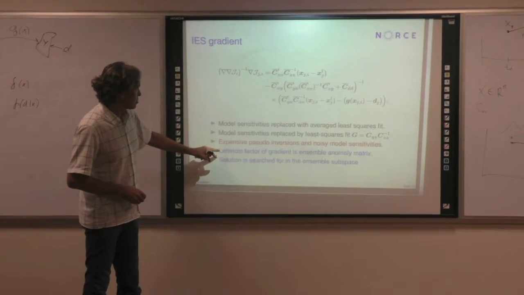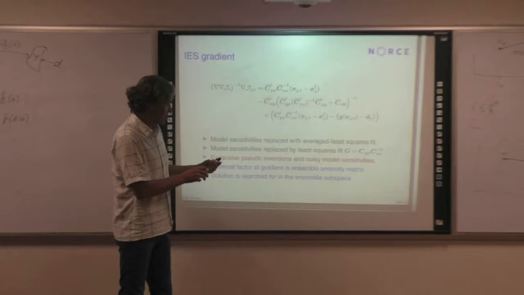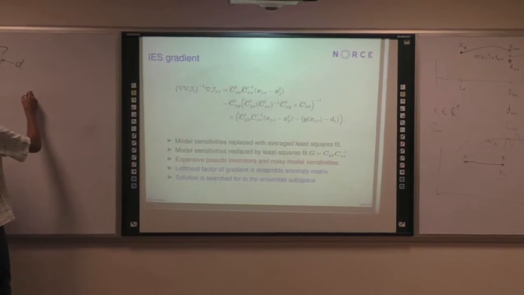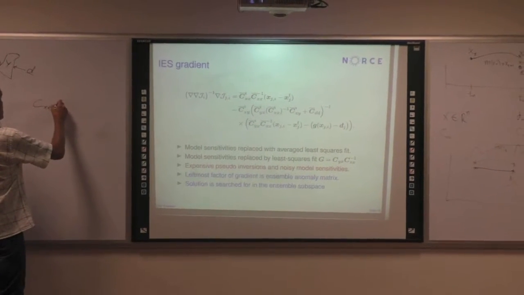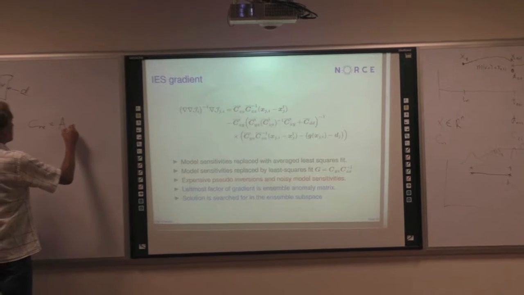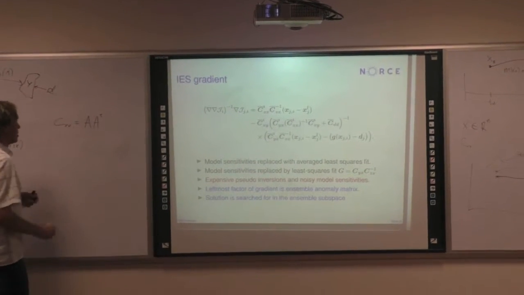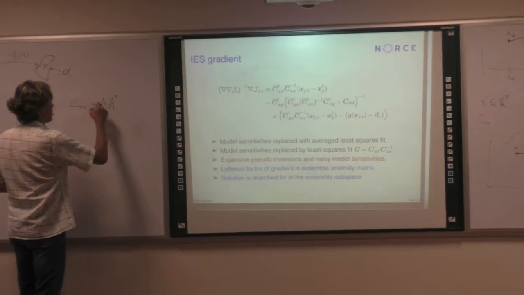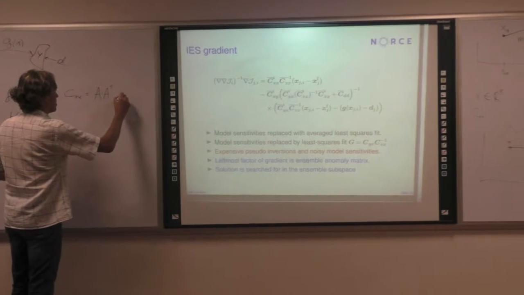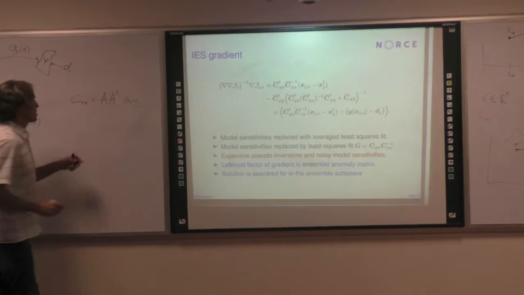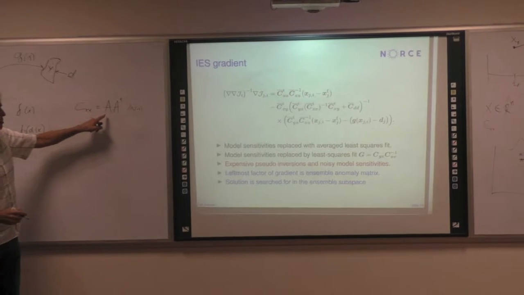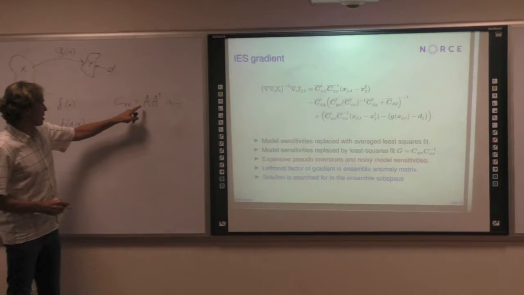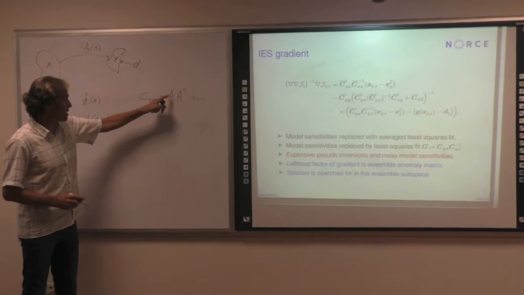It's also interesting to see that this C_XX is just defined as A A transposed divided by n minus 1. So this is the covariance matrix, where here you have the ensemble anomalies, okay?